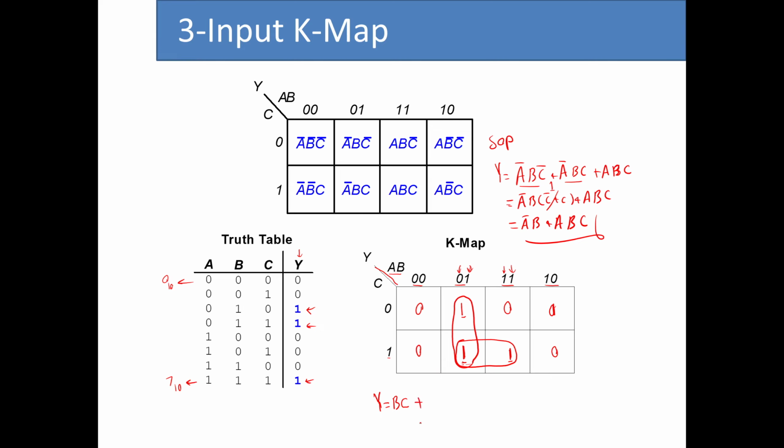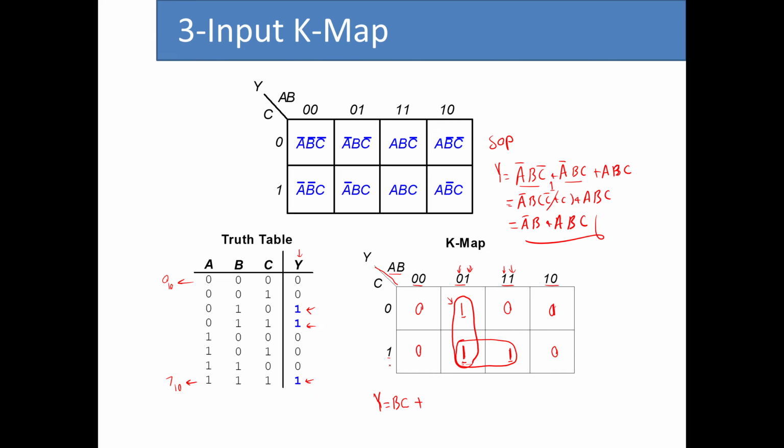So let's just do the same for the second circle that we have, this one. What is common between these two ones? We have A to be 0 for both of them, and we have B to be 1 for both of them. What about C? C can have both 0 and 1 as its value.